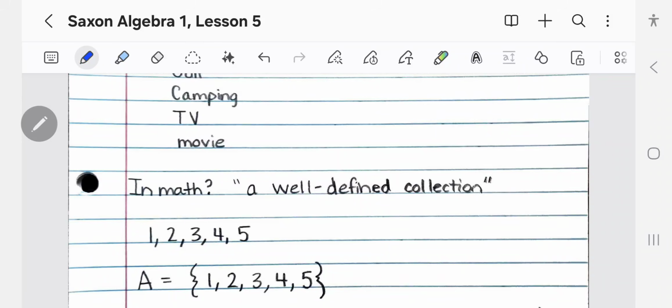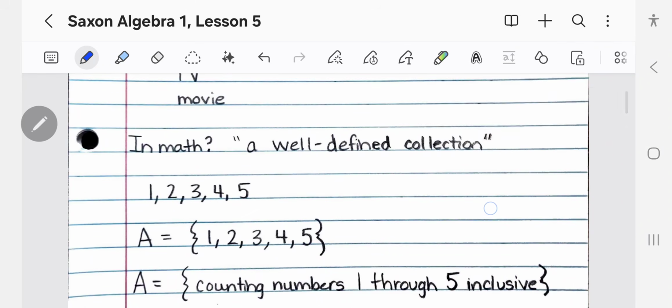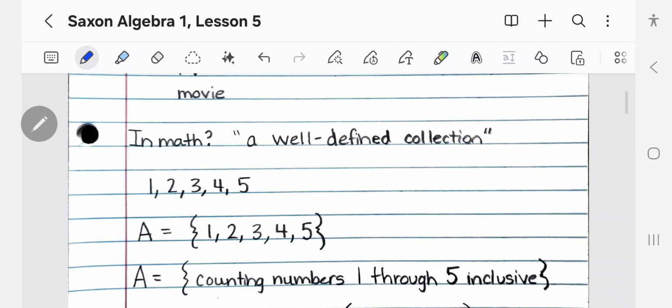So this would be set A contains 1, 2, 3, 4, and 5. Now, if I said set A contains the counting numbers 1 through 5 inclusive, that would be the same thing. This one and this one, these are the same, okay? Counting numbers, we had a Venn diagram in a previous video where we talked about the counting numbers.